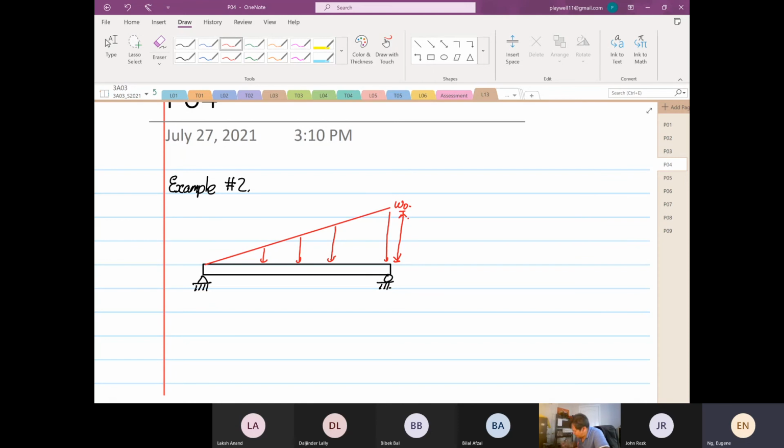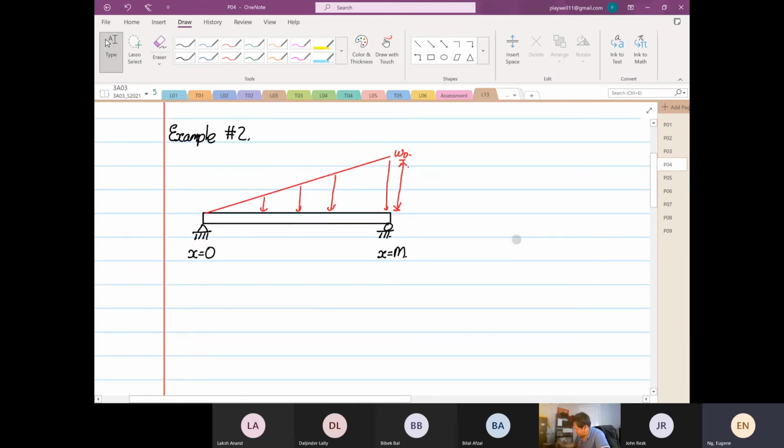Okay, so over here we're going to set the boundary conditions, right? So this is x is equal to 0. Over here x is equal to L. The sequence of the boundary conditions I want you to follow is V, M, theta, Y. So a boundary condition for our case is anything that we know to be equal to 0 without doing any specific calculation.